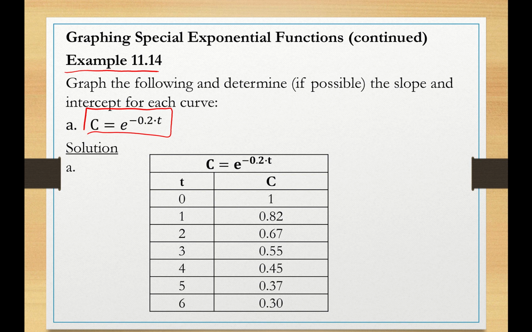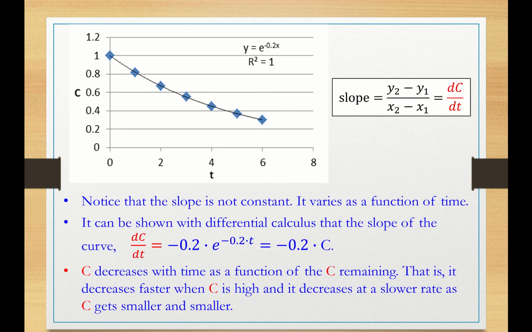Negative time doesn't have a meaning. And for every t here, I determine the concentration. The question is to determine the slope and intercept if possible. So here I plotted my data, and graphically I can see that the initial concentration at time equals 0 is 1, whatever units are there.